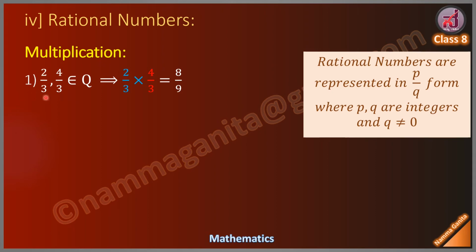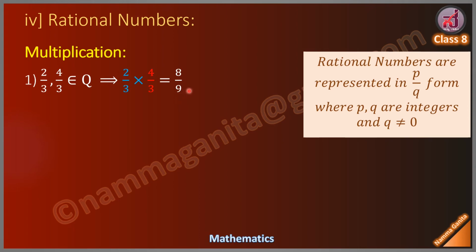Consider two rational numbers 2 by 3 and 4 by 3. 2 by 3 and 4 by 3 belong to Q. Implies 2 by 3 into 4 by 3. 2 4s are 8. 3 3s are 9. Therefore, answer is 8 by 9.